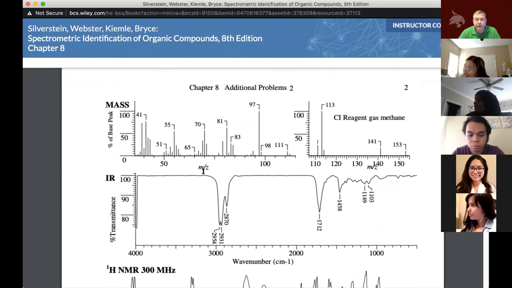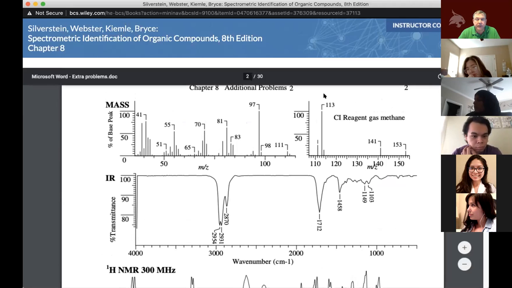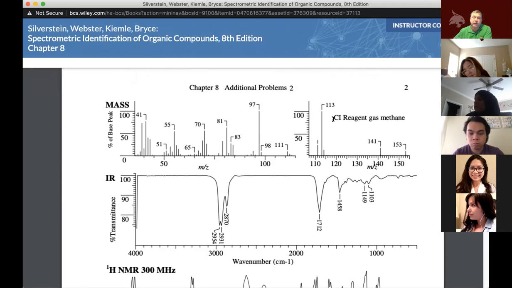So again, we get chemical ionization plus the electron impact here. The chemical ionization shows a parent ion peak, a base peak at 113. So that's 113 minus 1 gives us a base peak of 112. Okay. So 112 is our base peak there.